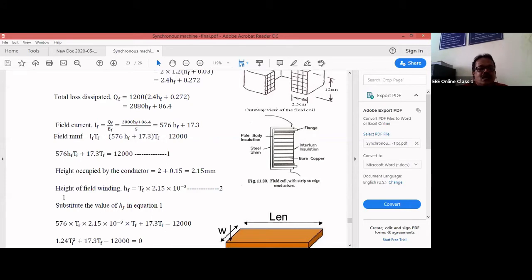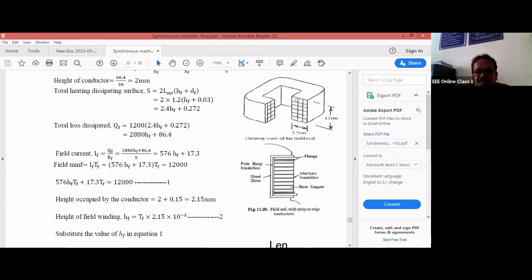Now the height of the field coil. This is the height of the conductor, and the height occupied by the conductor is 2 plus 0.15. 0.15 is the insulation.